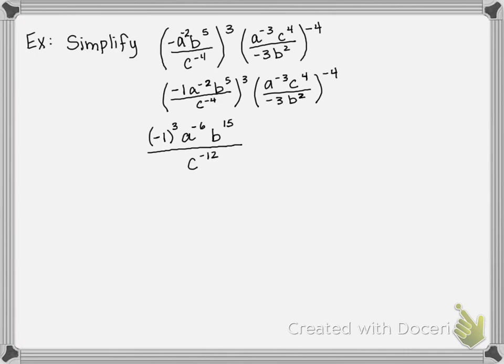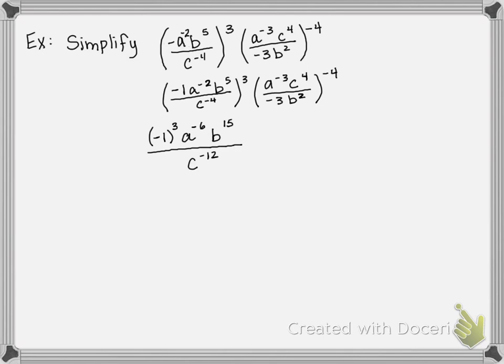In reality, the order that you go through these questions doesn't actually matter because it's all multiplication and division. So you could start flopping things in that first set of parentheses before you apply the exponent. Sometimes it might be more efficient to do them in a different order, but you'll end up with the same result.